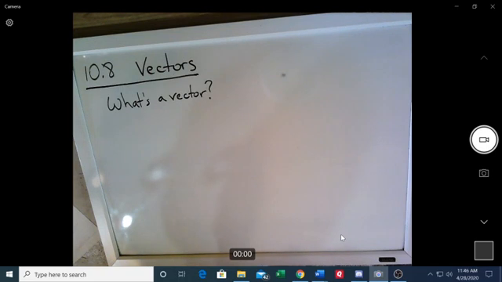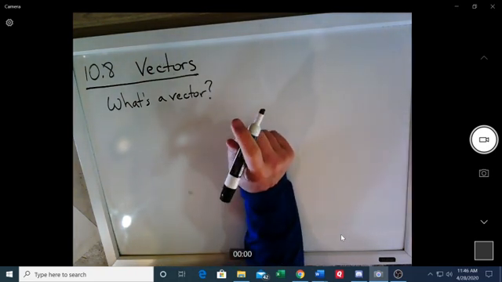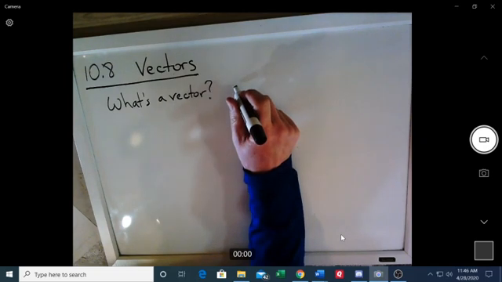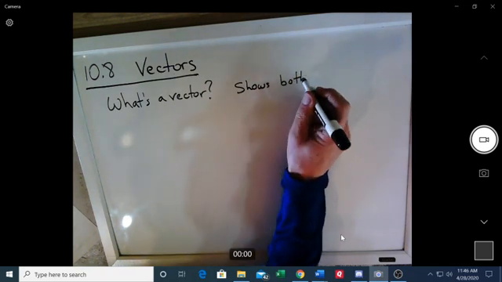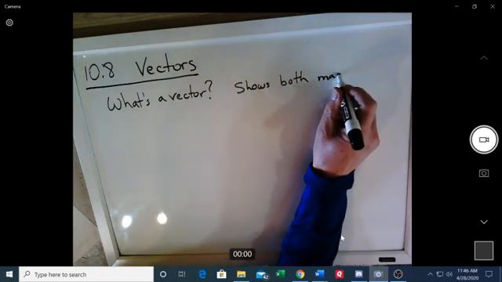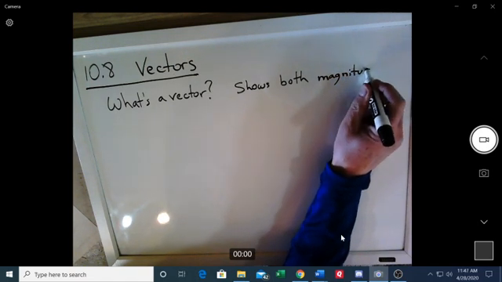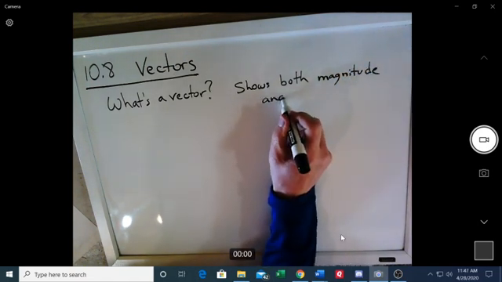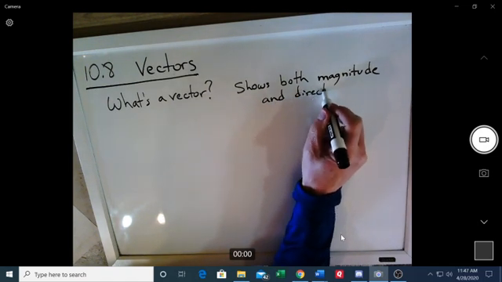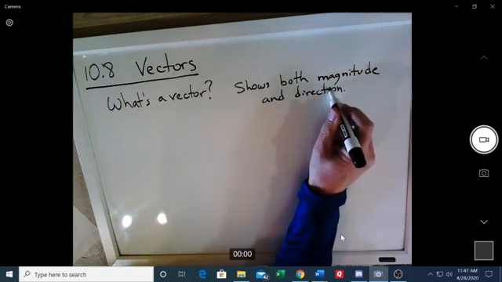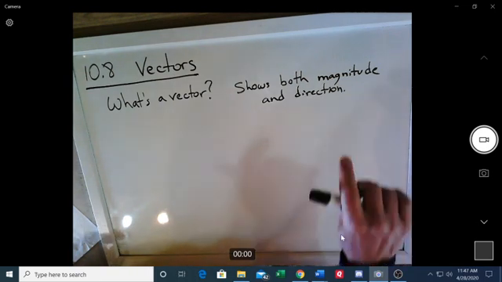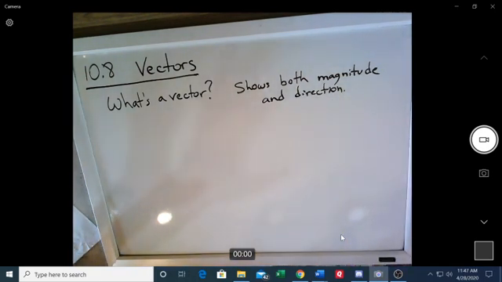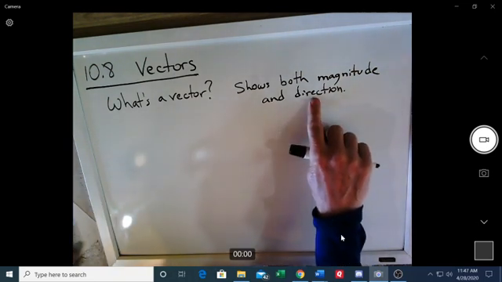But the answer is that it's something that conveys or shows the essence of it, both magnitude and direction. Numbers contain the magnitude. 5. It's pretty clear that's a magnitude. But there's no direction with it.